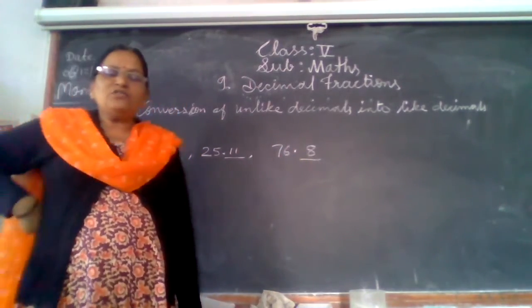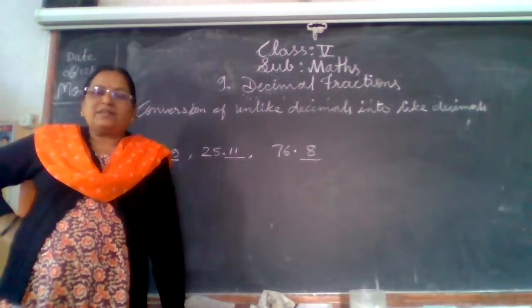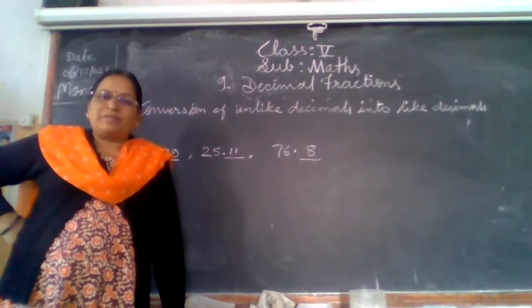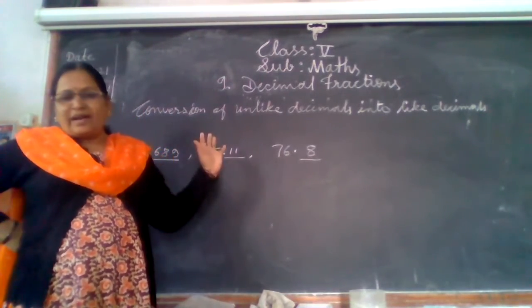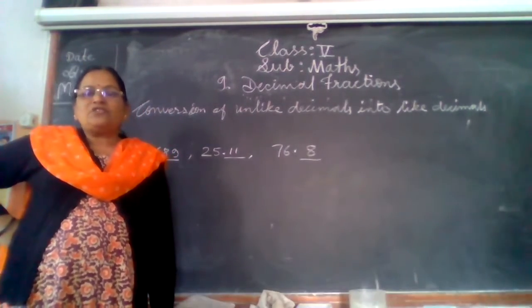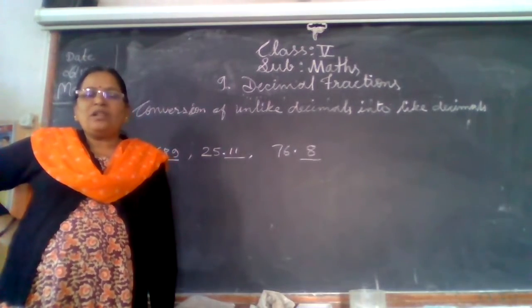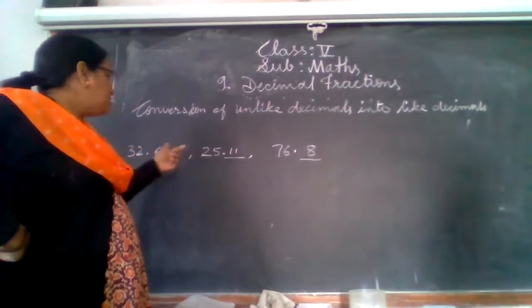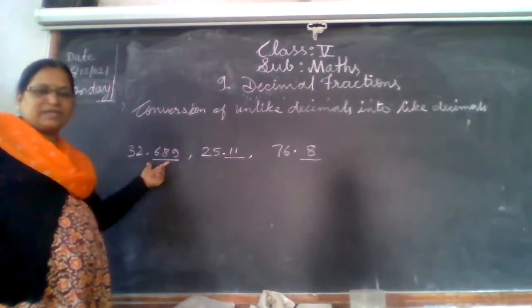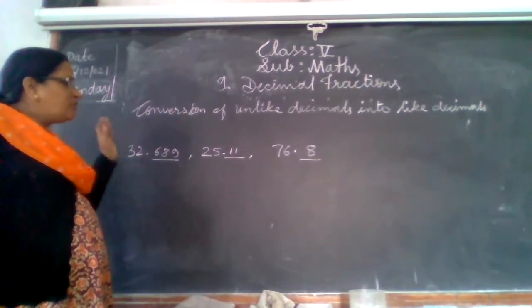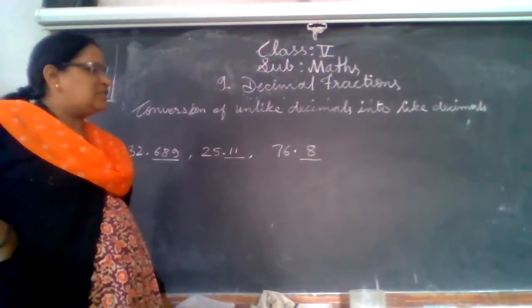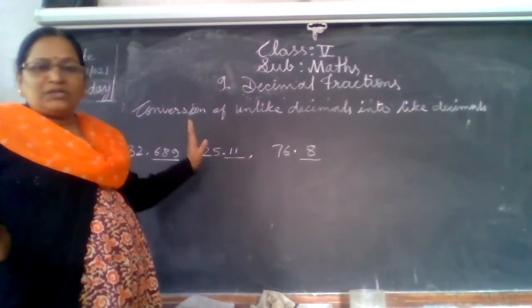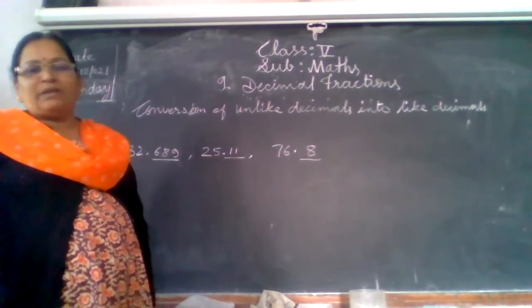So it is very useful while adding and subtracting the decimal numbers. So they are unlike decimal numbers. Okay, so let's convert them into like decimal numbers. First you have to observe which one has the greatest number of decimal places. 1, 2, 3. So we have to convert all the decimal numbers up to 3 decimal places.